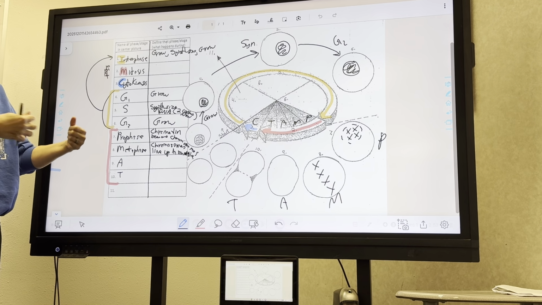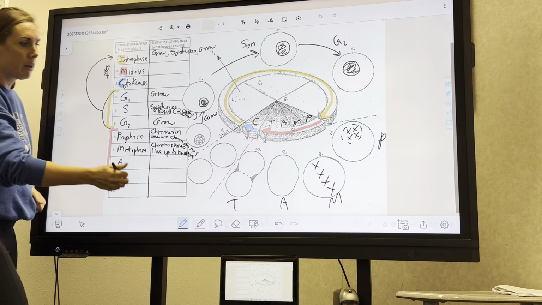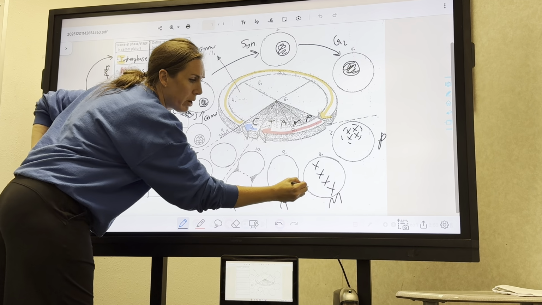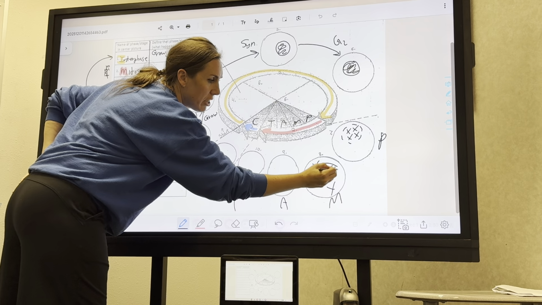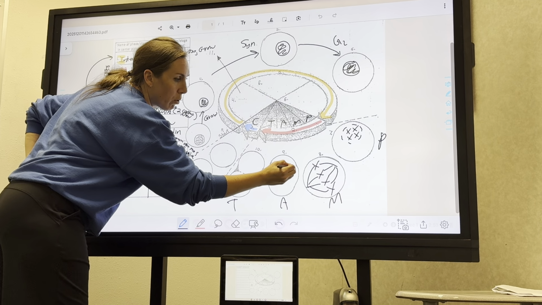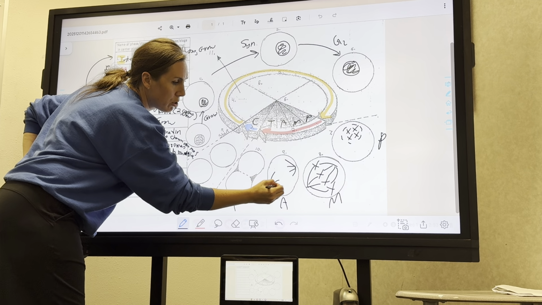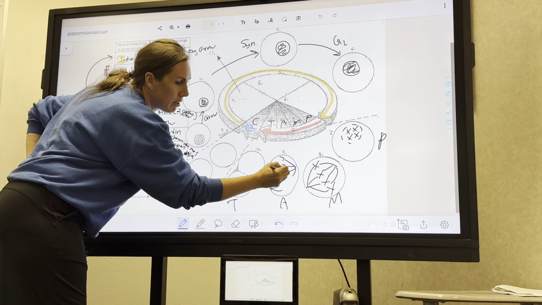Okay, anaphase. The chromatids, sister chromatids, get pulled apart. So remember, we do have spindle fibers attaching on both sides. I don't want to overwhelm y'all, but they're ripping their sister chromatids to their 2 different sides.